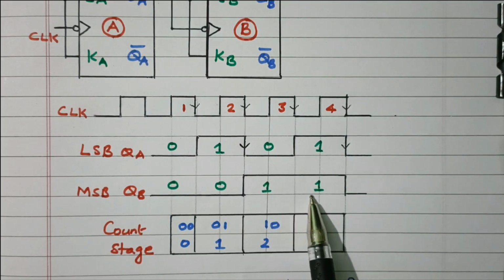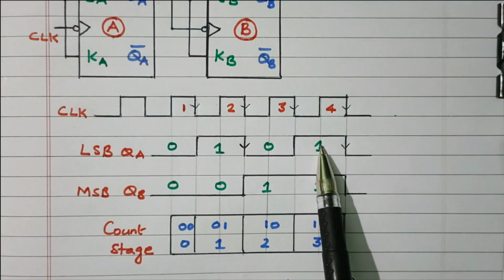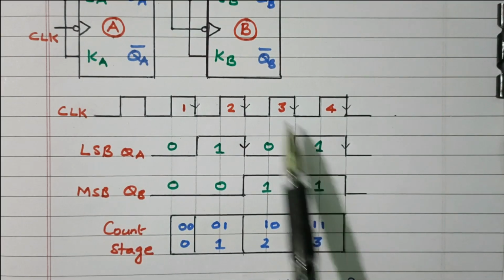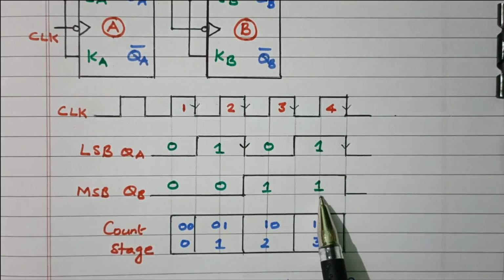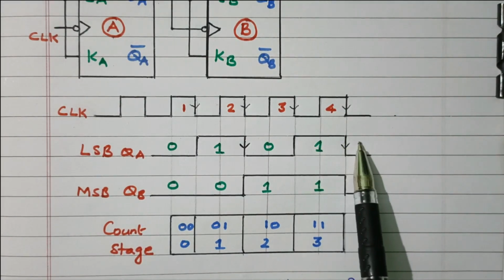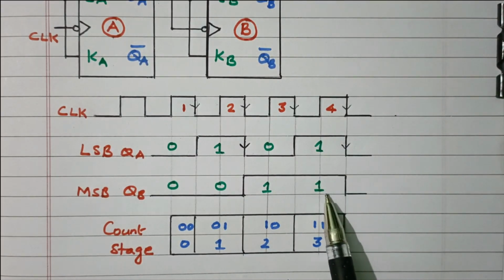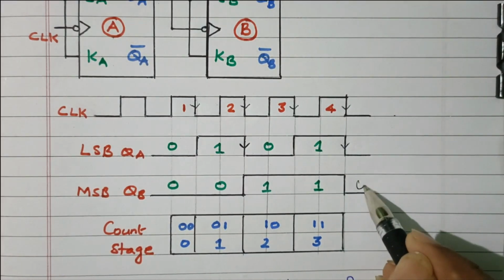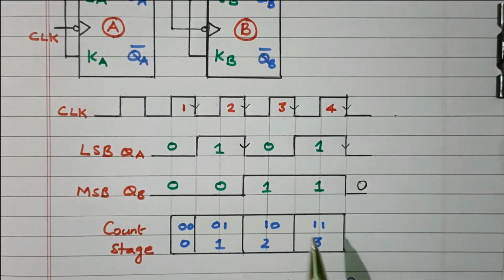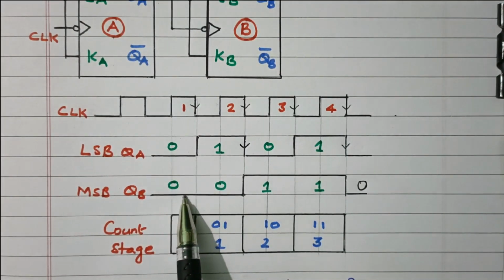The same thing continues. This is the positive edge, so nothing will happen, right? 1 means 0 is applied here, so no change. Here during the negative edge, 0 is there, right? 0 means 1, so again the state changes from 1 to 0. I will explain again. Here 0 is there, the first 0.